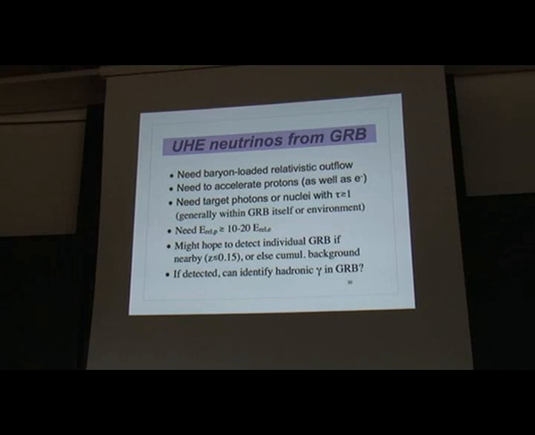And then you might see the diffuse flux from all the gamma ray bursts that occur out to redshift 3 or 5, whatever. So you would see the cumulative diffuse flux, to the extent of maybe getting 20 or so neutrinos per year, which you can associate with gamma ray bursts. If the bursts are very nearby, like redshifts 0.15 or 0.2, then you might see individual bursts.